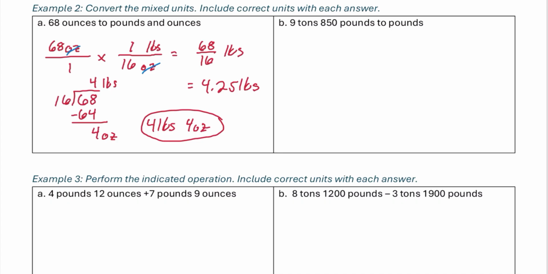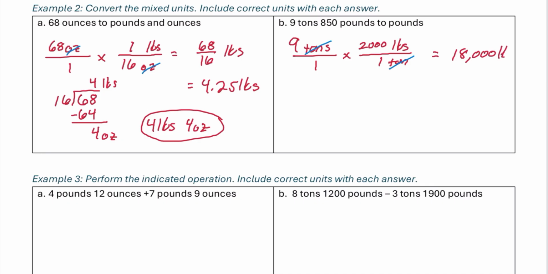Next, we want to convert 9 tons and 850 pounds to pounds. Let's focus on just the 9 tons. 9 tons we can convert to pounds. There are 2,000 pounds for every 1 ton. 9 times 2,000 is 18,000.